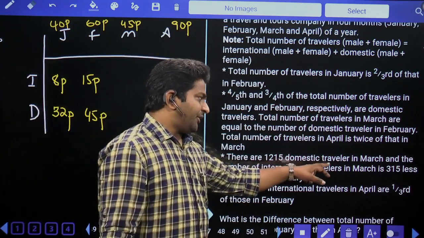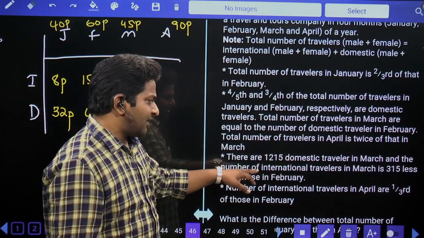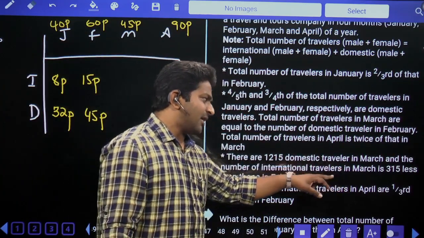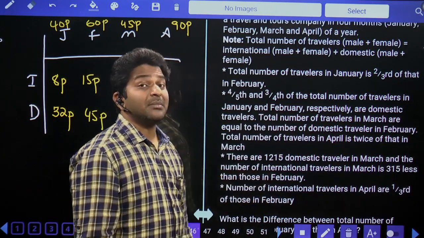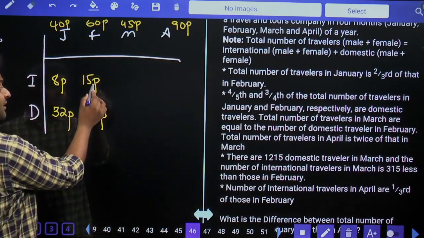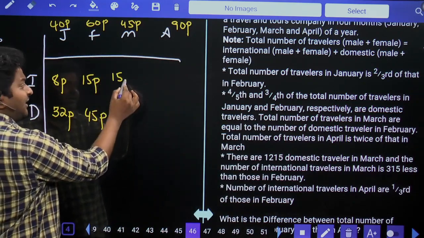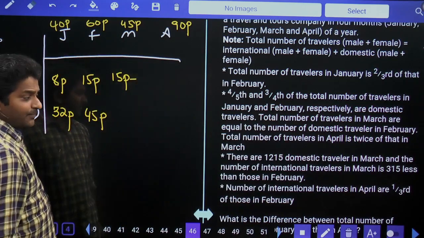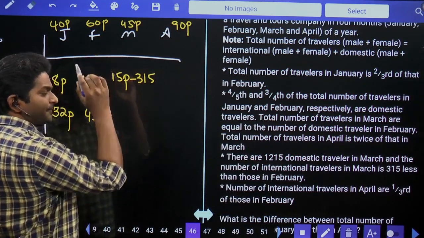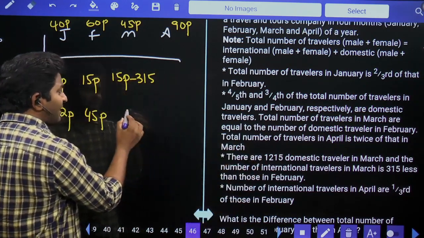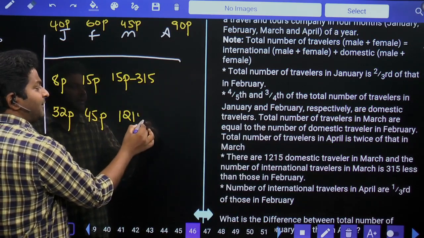There are 1215 domestic travelers in March, and the number of international travelers in March is 315 less than those domestic travelers in March. In March, international travelers are 15 parts, but they said 315 less. And domestic travelers are 1215.